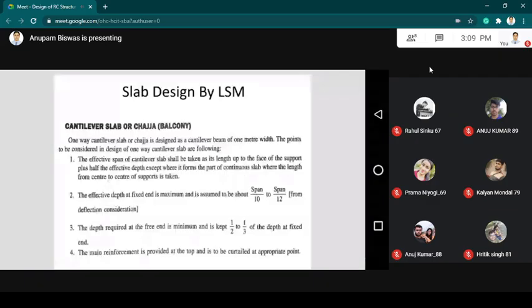So this is the condition to be considered for effective span of slab.